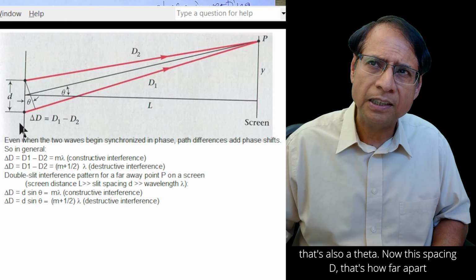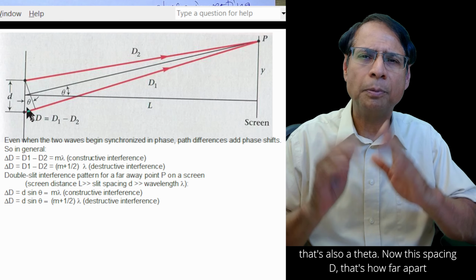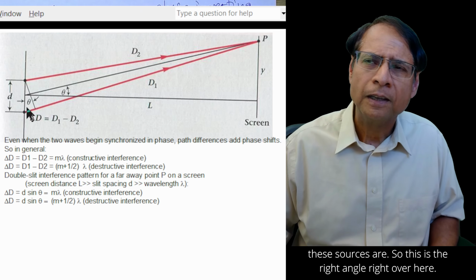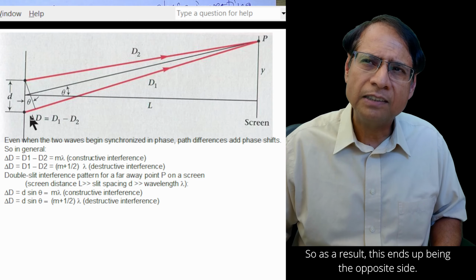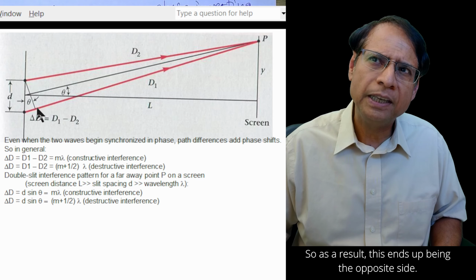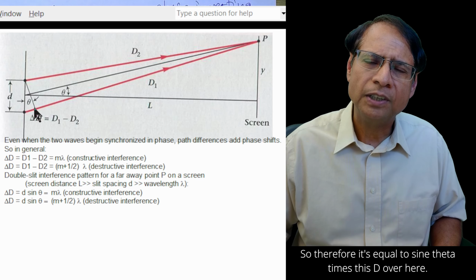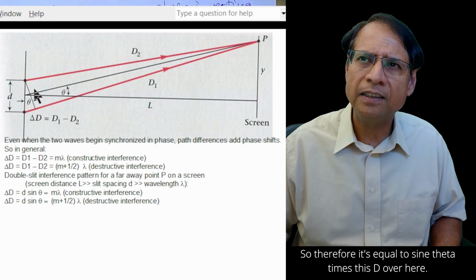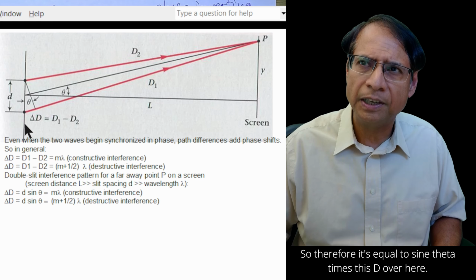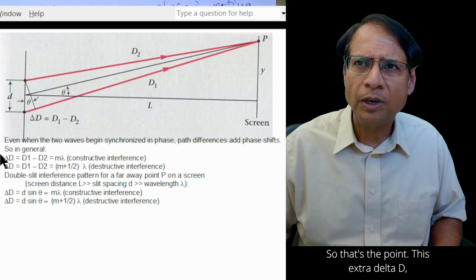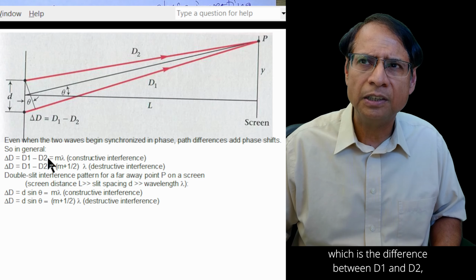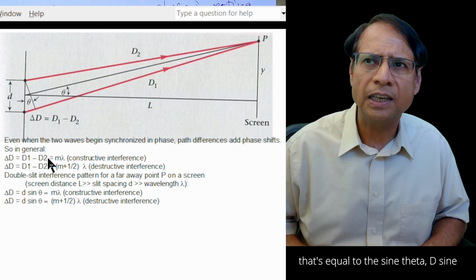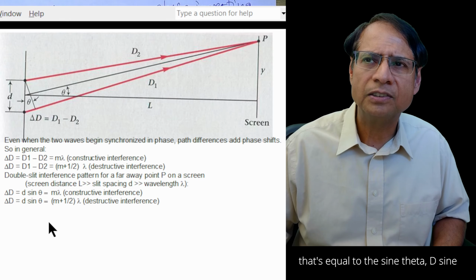Now this spacing d, that's how far apart these sources are. So this is the right angle right over here. So as a result, this ends up being the opposite side. Therefore, it's equal to sine theta times this d over here. So that's the point. This extra delta D, which is the difference between D1 and D2, that's equal to d sine theta.